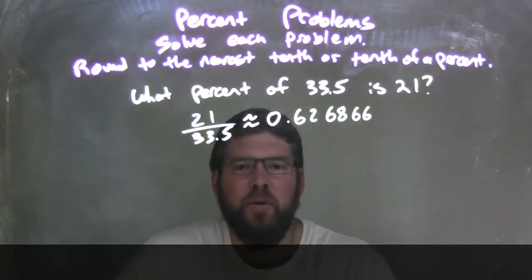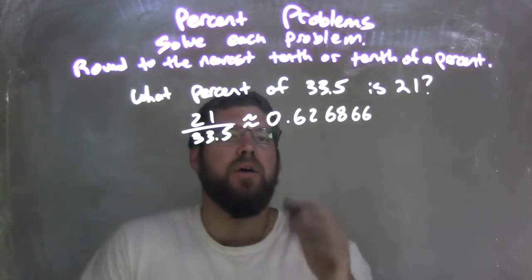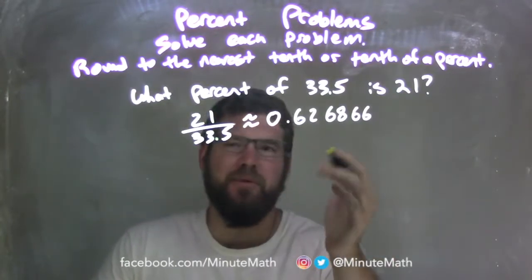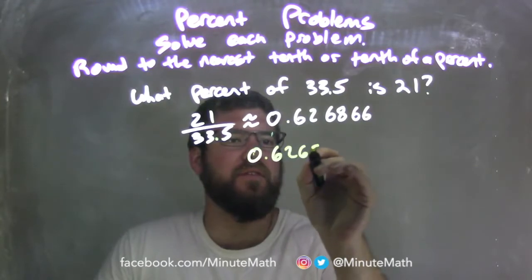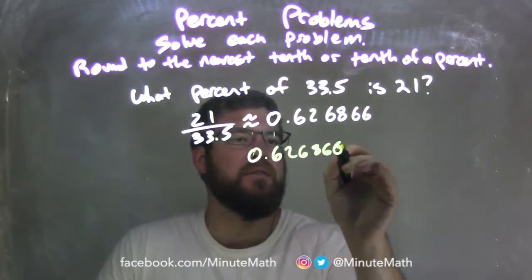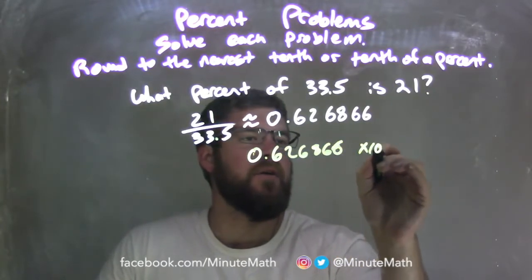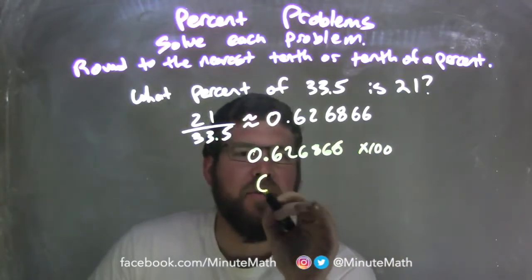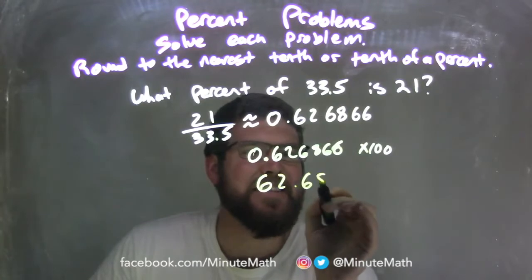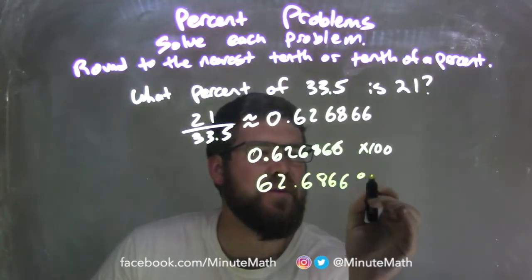And so I need to convert that decimal to a percent. So I multiply that by 100, which really is just moving the decimal place over 2 units, leaving me with 62.6866%.